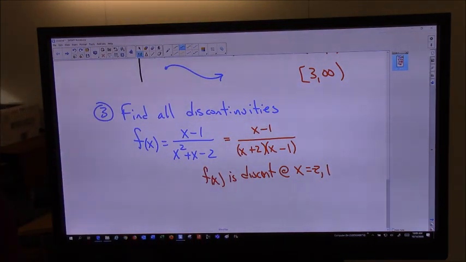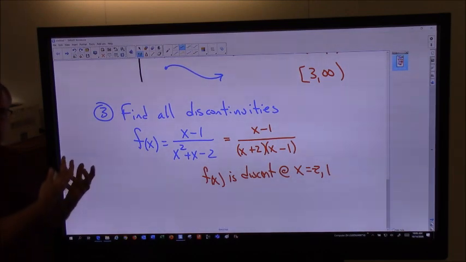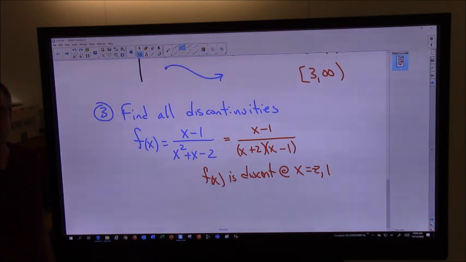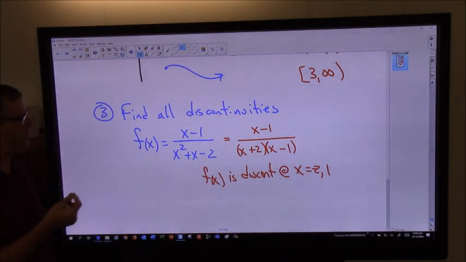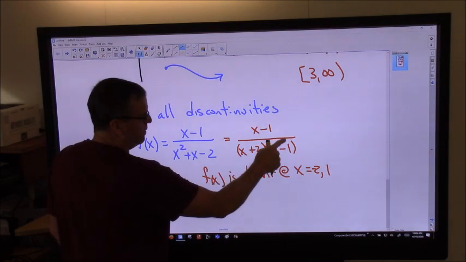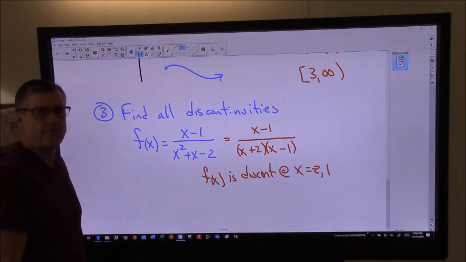Now, sometimes they'll talk about, is the discontinuity removable? Could you somehow remove this by assigning a point to where that open circle is, the hole in the graph? And so a hole in the graph is considered a removable discontinuity because we can cancel those two factors.